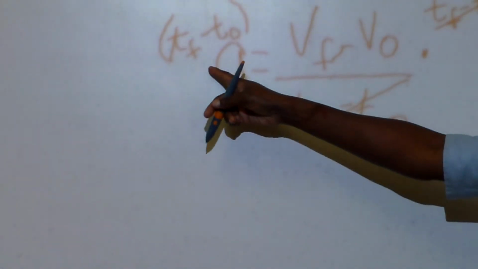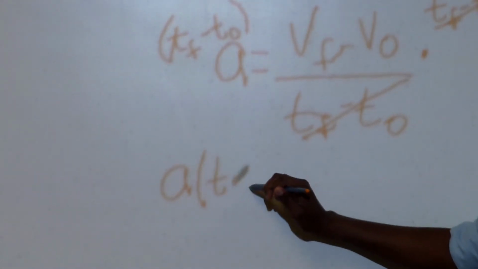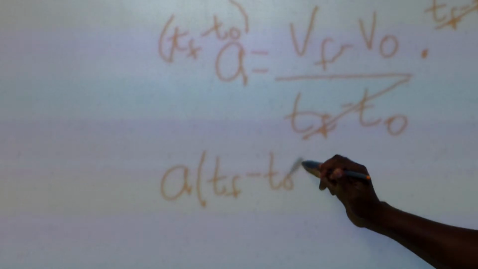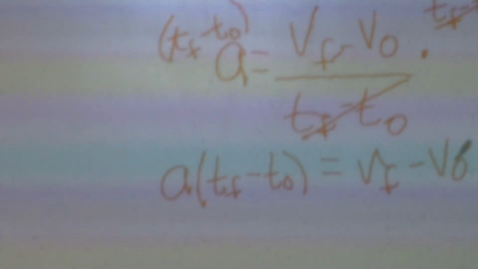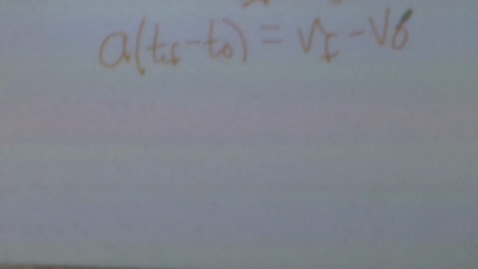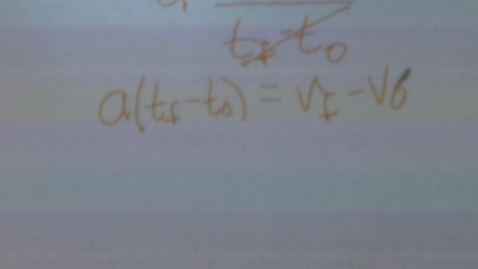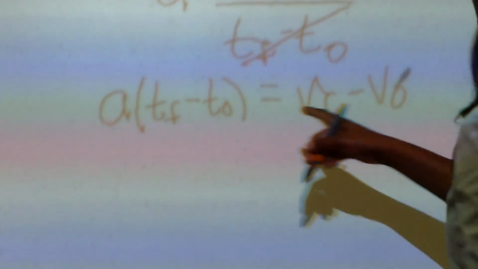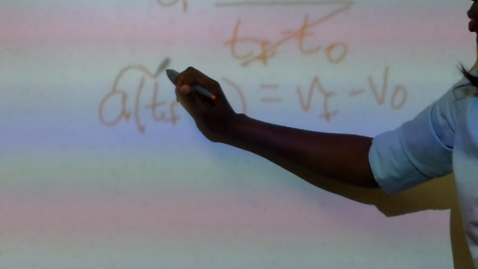Now over here, be careful because you have to multiply A by both of those terms, right? And then it's equal to V sub F minus V sub O. Everybody got that? And so now we're trying to get T sub F by itself, right?